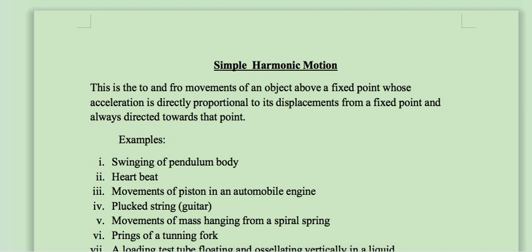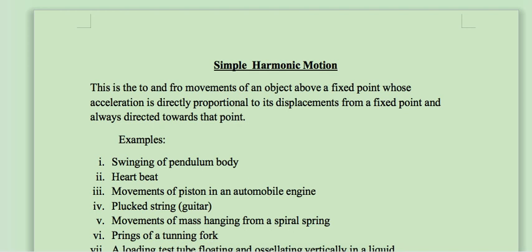We learned that among the types of motion, we have oscillatory motion. One example of a body performing oscillation is when the body is performing simple harmonic motion.